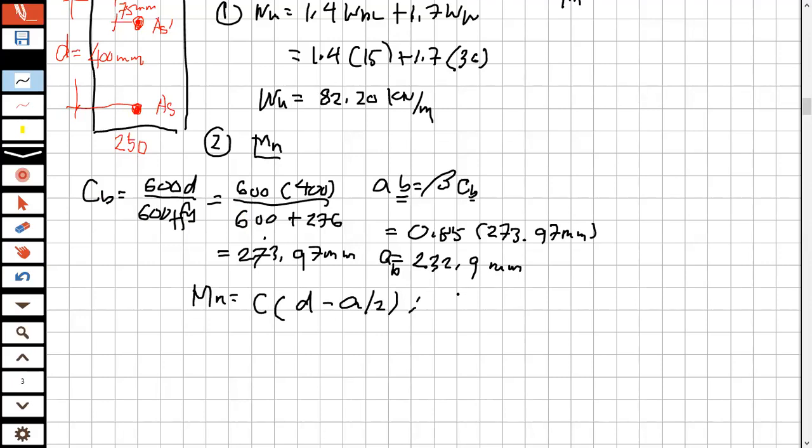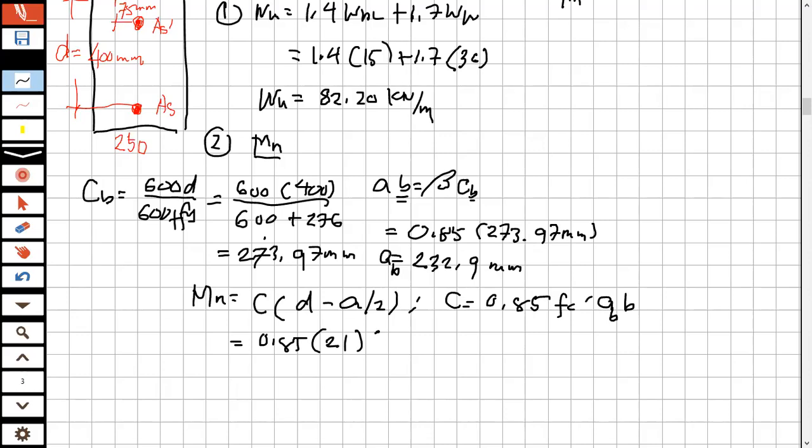Alam naman natin na yung C is equal to 0.85 f c prime. We can just use this one. A times B. Pero yung A mo at balance condition. So therefore, we can use here 0.85. Okay. If C prime is 21, nasa taas na problem.